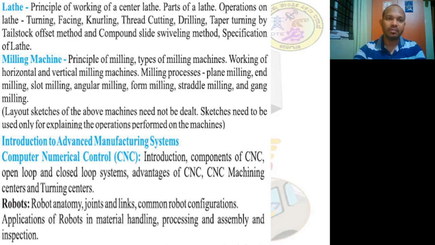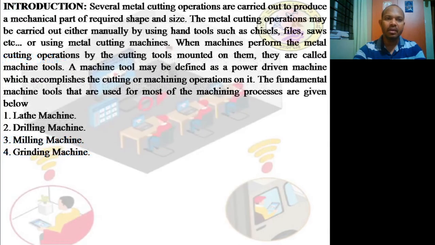Basically, what are these machine tools? To be frank, one of the important ones is metal cutting. A machine tool is a machine for handling or machining metal or other rigid materials.